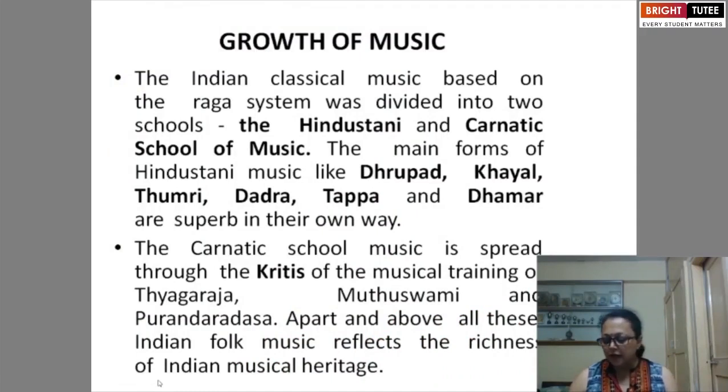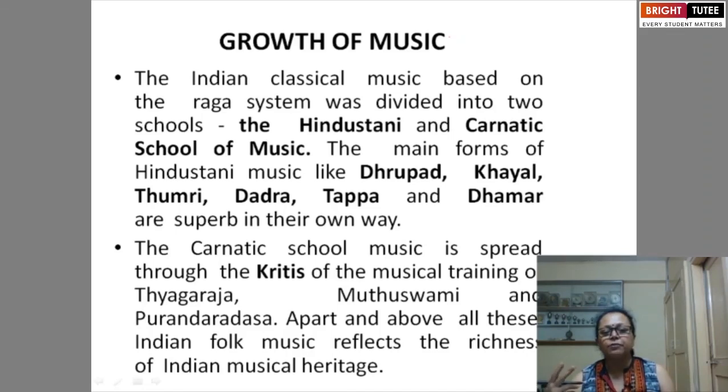Growth of music under the Sultanate period, that is Indian classical music based on the raga. This system was divided into two schools, just as with painting we saw the Rajasthani school of painting. Here we are now coming to discuss this.